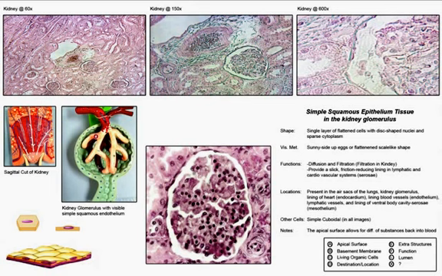This is the capsule or cup that receives the filtrate after hydrostatic pressure pushes it through the walls of the glomerulus or capillary bed into Bowman's capsule. This is the white area of Bowman's capsule, and these are the squamous cells that allow for diffusion of some of the filtrate substances back into the interstitium or extracellular matrix across this wall and into this area here.